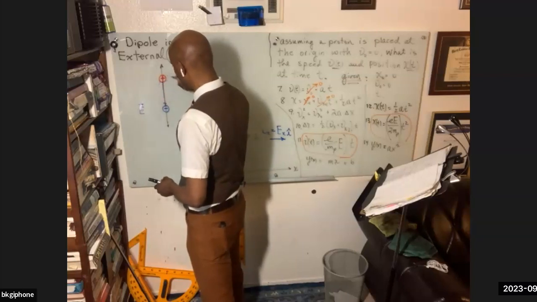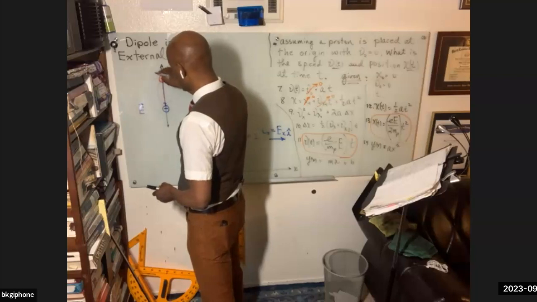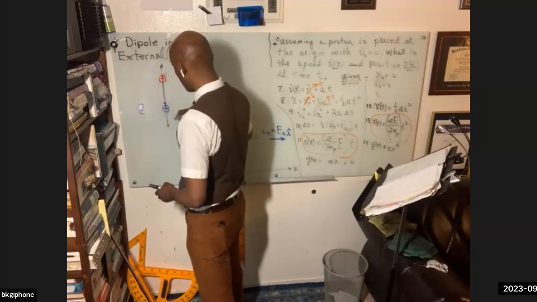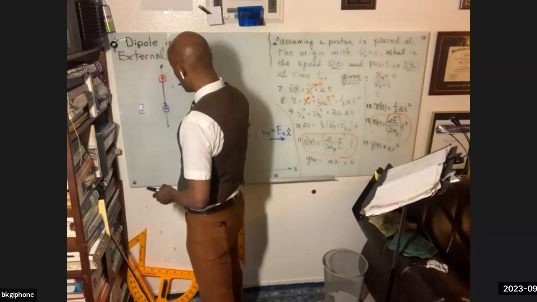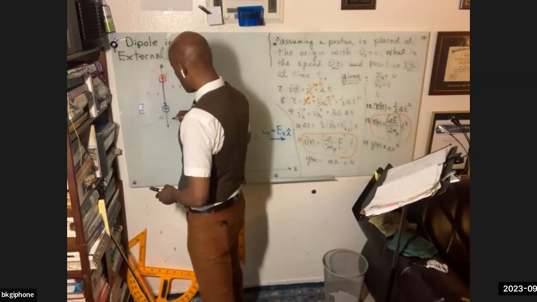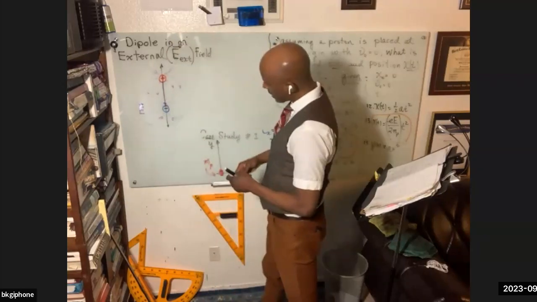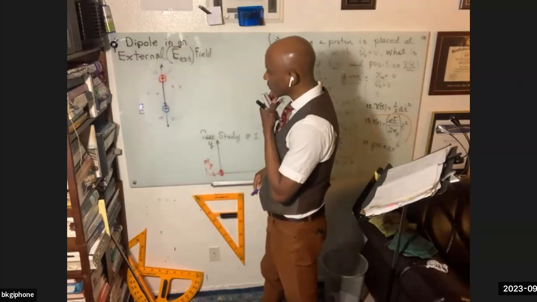It's all that stuff coming out, and up here it goes out like that, and down here it comes in like that. The field lines always point toward the negative charge and away from the positive charge. So all that is there, but I don't want to make it too confusing.